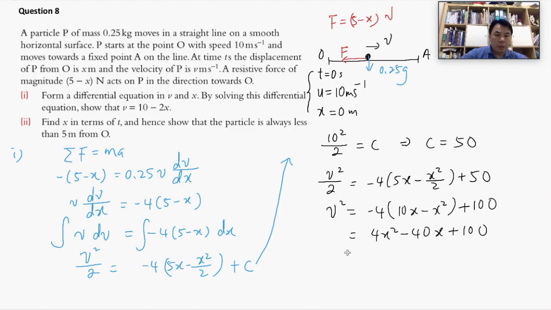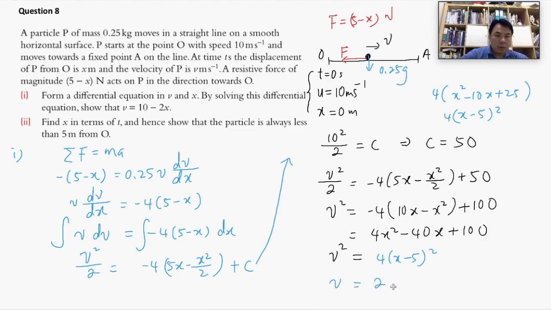Then v squared, let me see whether we can factorize this easily. We have x squared minus 10x plus 25 here, so (x - 5) squared times 4. Therefore this is actually 4(x - 5) squared.